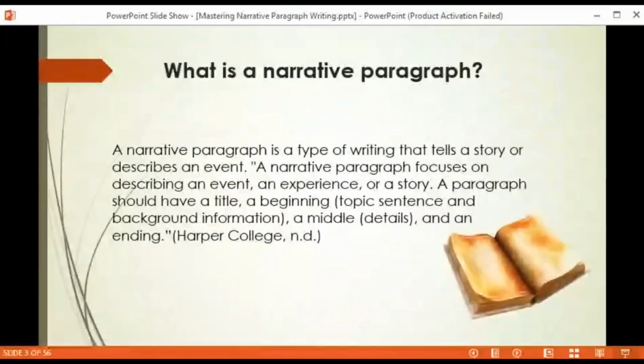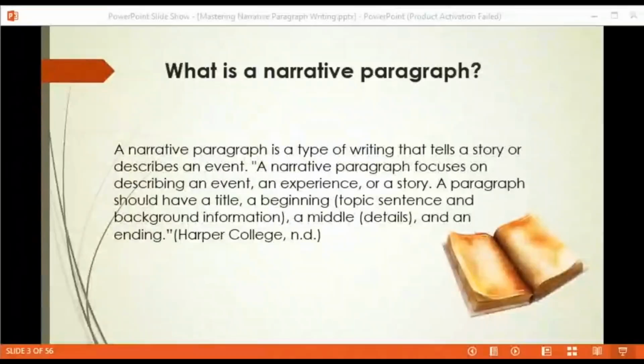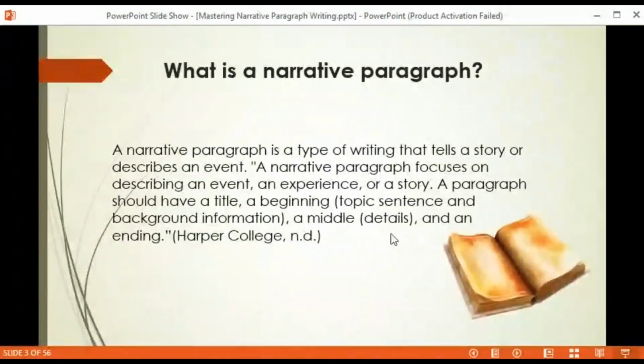Thank you. A narrative paragraph is a type of writing that tells a story or describes an event. A narrative paragraph focuses on describing an event, an experience, or a story. A paragraph should have a title, a beginning with a topic sentence and background information, a middle with details, and an ending.